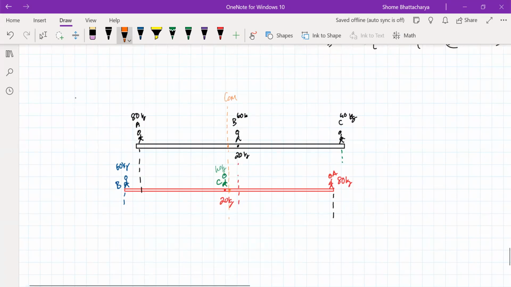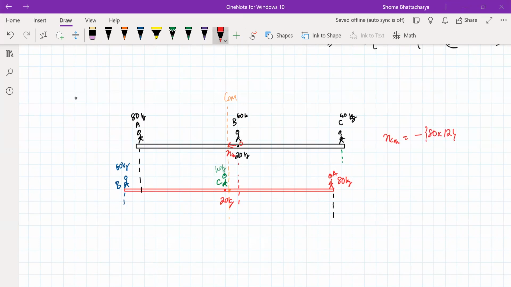Okay. So if you look in the first diagram, if I take this point as the reference, then what is the position of the center of mass? In the first diagram, XCM is minus of 80 into 12. Okay.